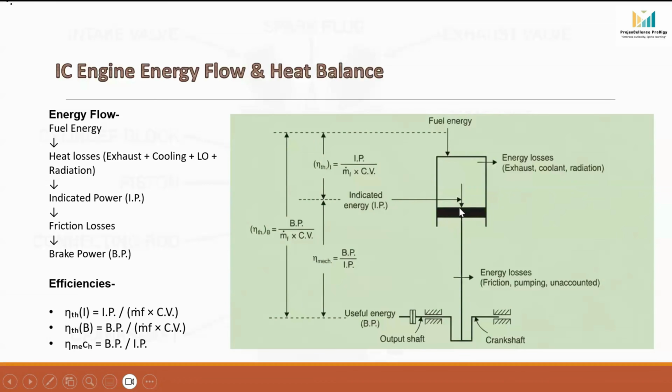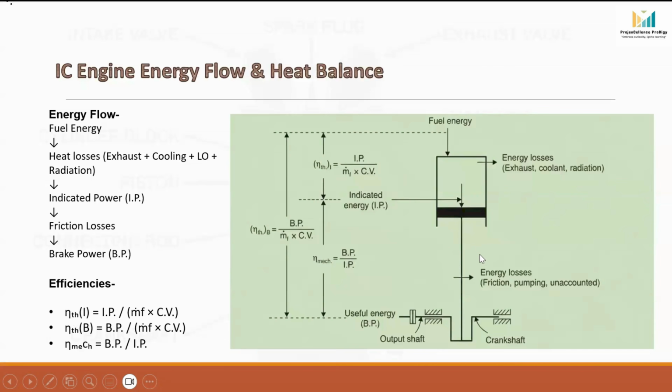But even this is not the final output, as this power is transmitted to the crankshaft through the connecting rod, and some energy is lost due to friction and mechanical resistance. What finally remains is called brake power, BP, the useful mechanical output available at the shaft.